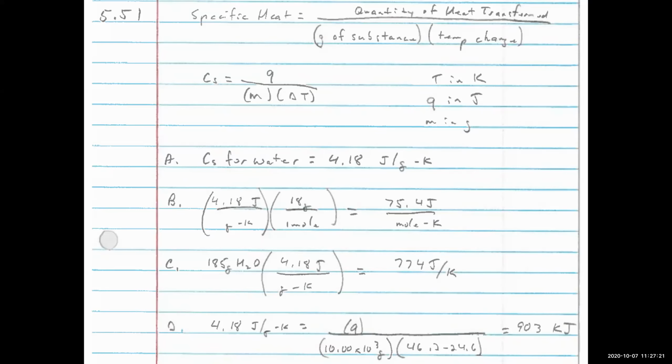Then in D, move this to the top. In D, the question is, how many kilojoules of heat are needed to raise the temperature of 10 kilograms of water from 24.6 to 46.2?